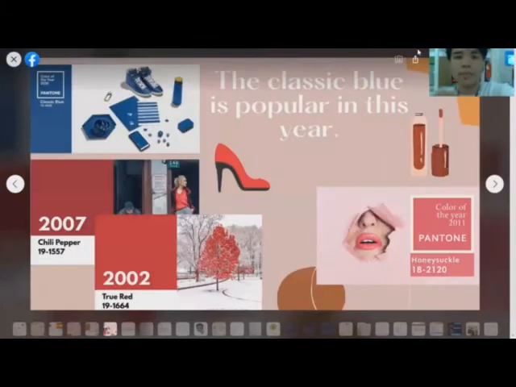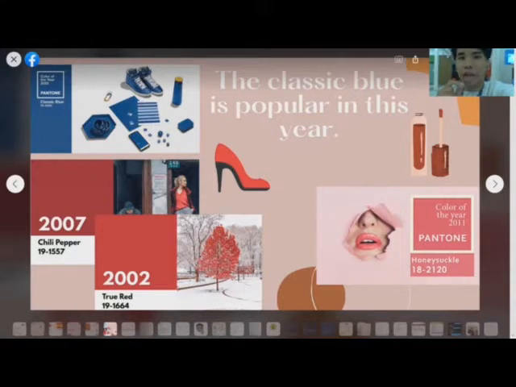Thank you. The classic blue is popular this year, but Martin's tourist color was the pattern in 2002 and Chili Pepper in 2007. I strongly dislike honey starter color because it looks weird to me.